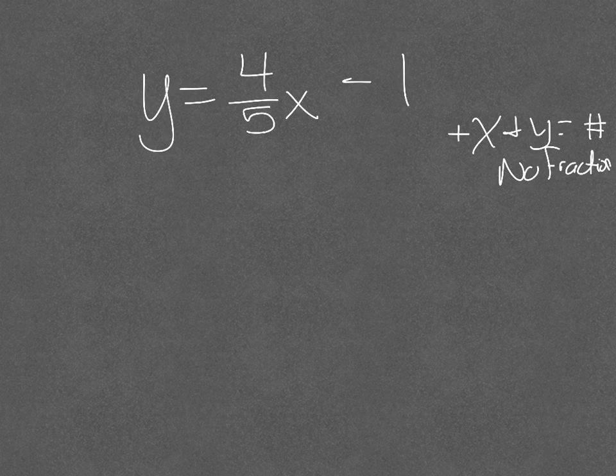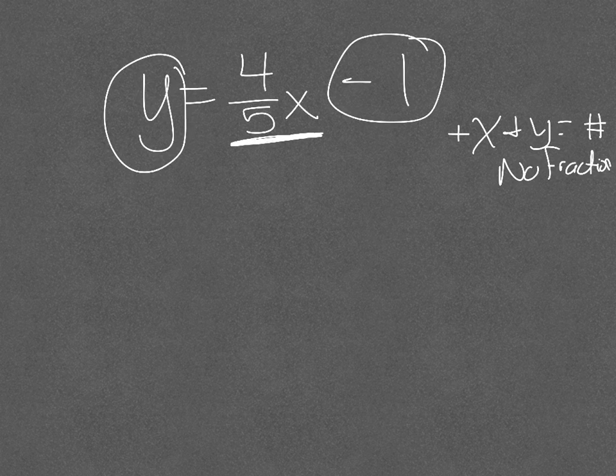So I've got a positive x, so I'm going to leave him there, and I'm just going to swap places with these two. They're going to swap sides. And remember, when you swap sides, they do the opposite. So I'm going to end up with 1 equals 4 over 5x minus y.